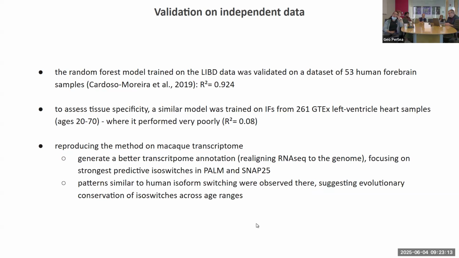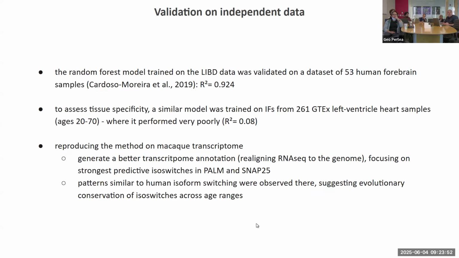And to remind you, the model used here is DTU, which doesn't capture differences between transcripts across genes. It only looks at how isoform fractions change within each gene separately. So this model does not capture DTE across genes, differential transcript expression, which might explain why heart tissue has a different aging model.